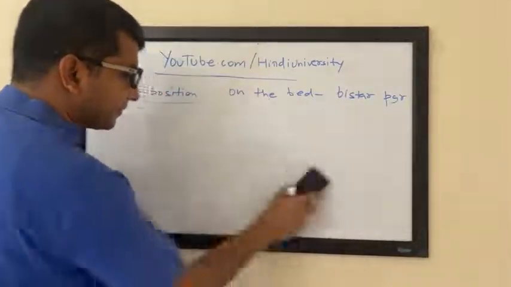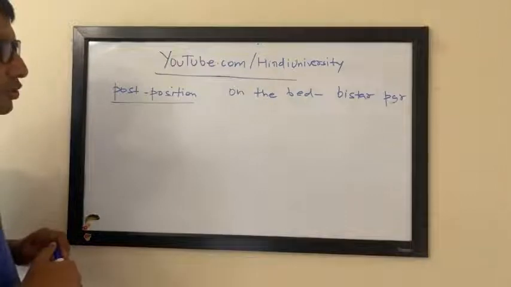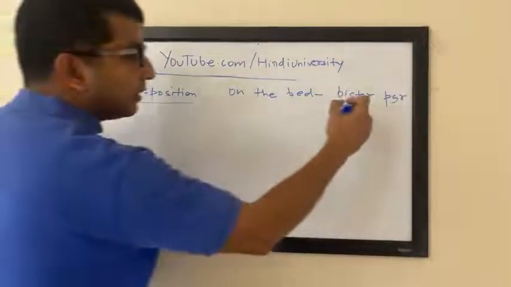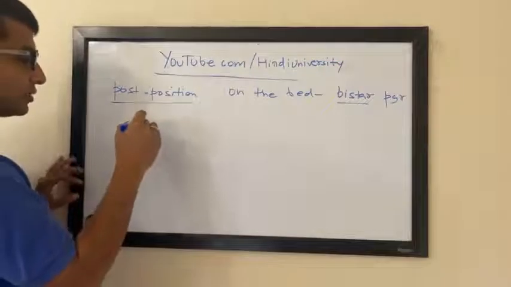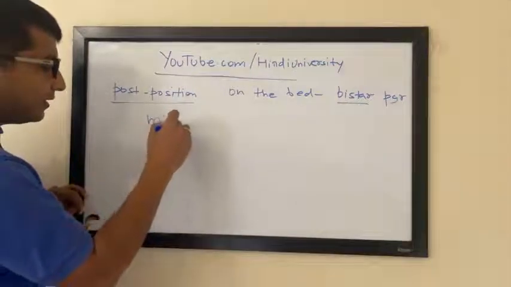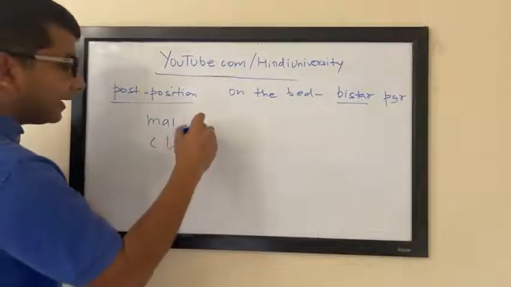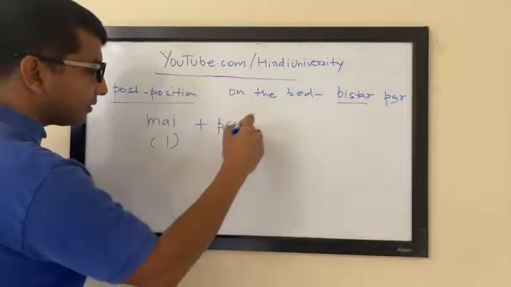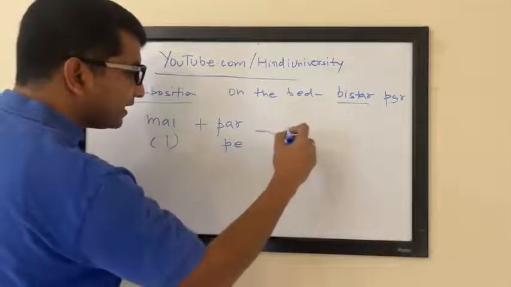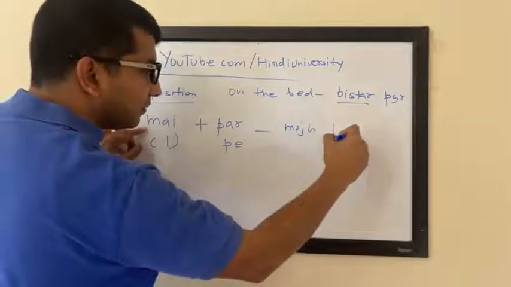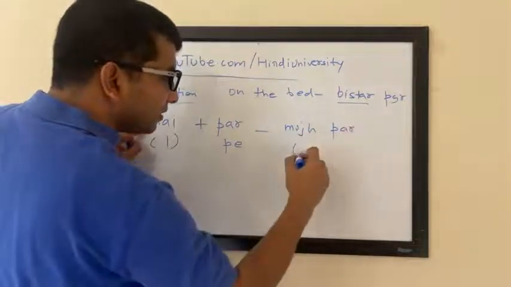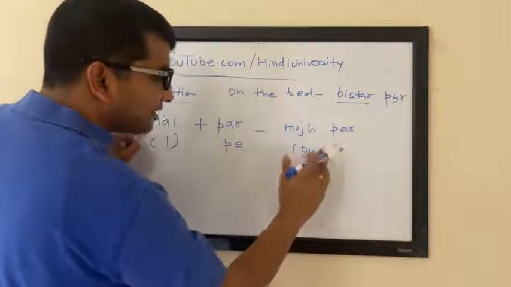Very good. So just like the way you have a noun followed by the postposition, you can have a pronoun as well. So you have मैं, which is I, and after that you have पर or पे, and she's saying it will be मुझ पर, which means, what does it mean, Mahaji?